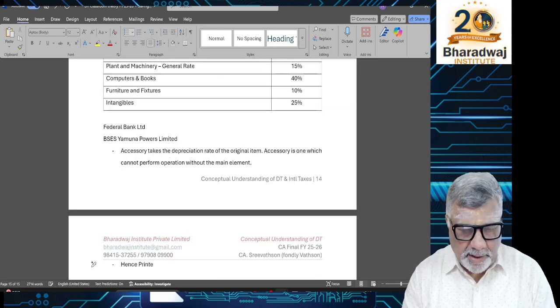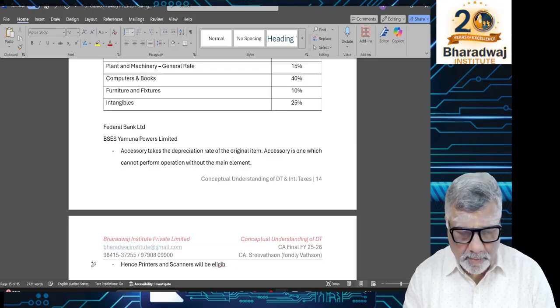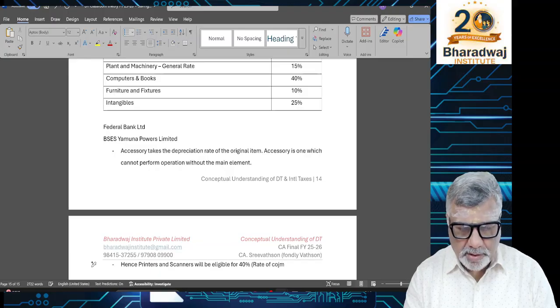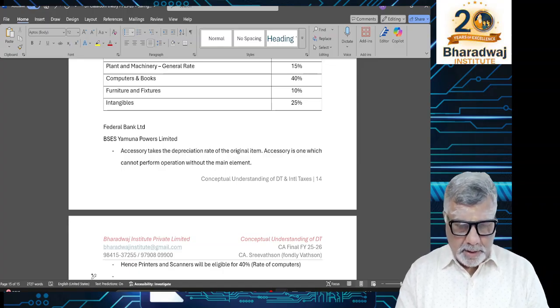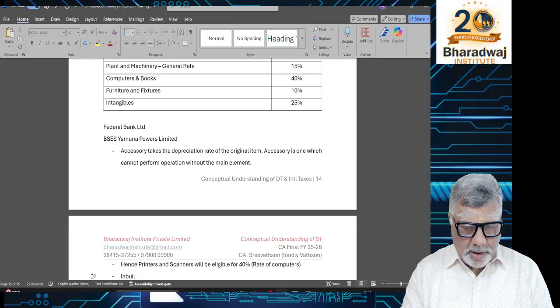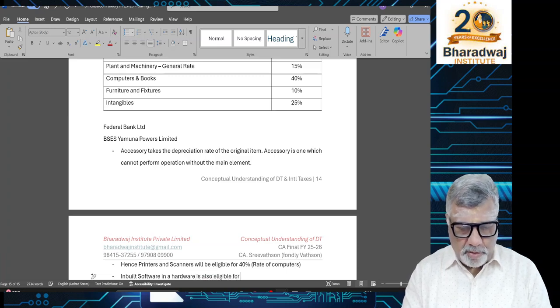Hence, printers and scanners will be eligible for the 40% rate of computers. Inbuilt software in a hardware is also eligible for 40%.